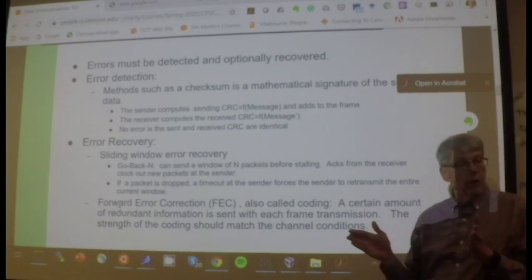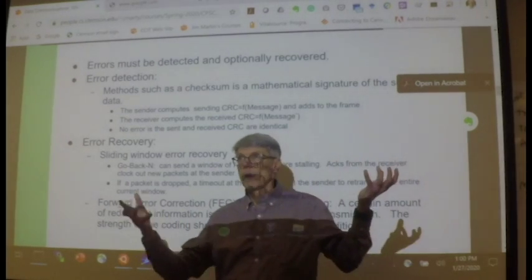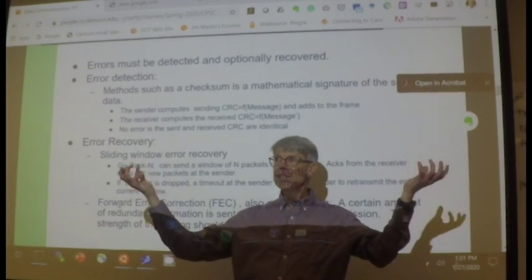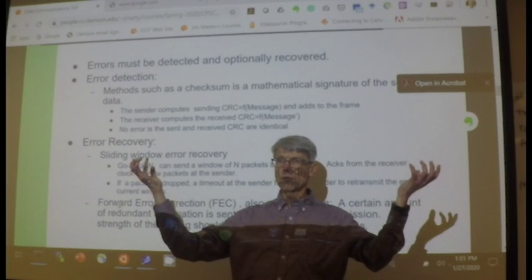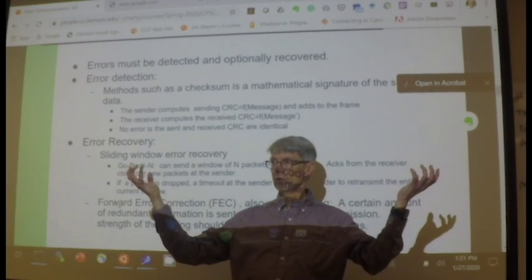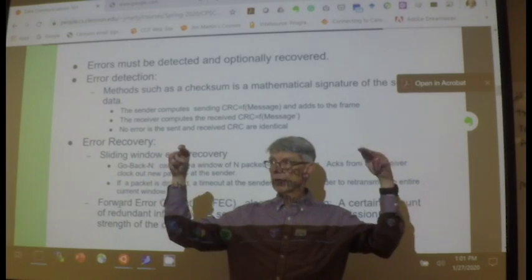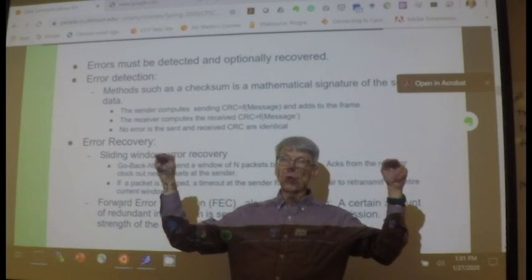But what if the endpoints need to know that the frame was discarded? In other words, what if the nature of the application that's running needs a reliable link?